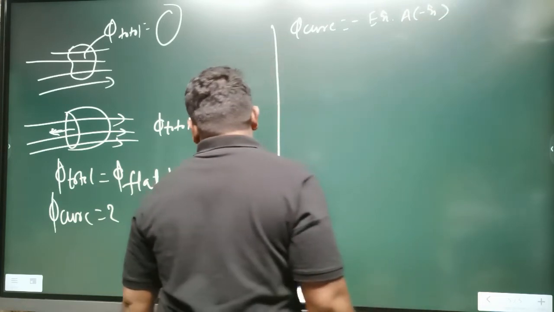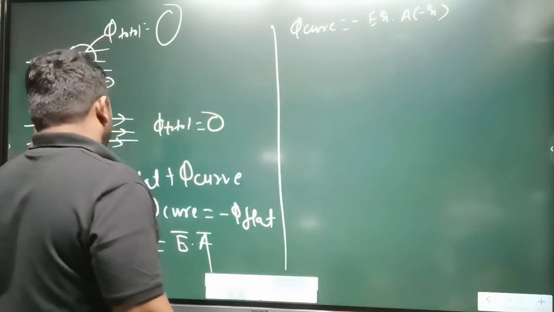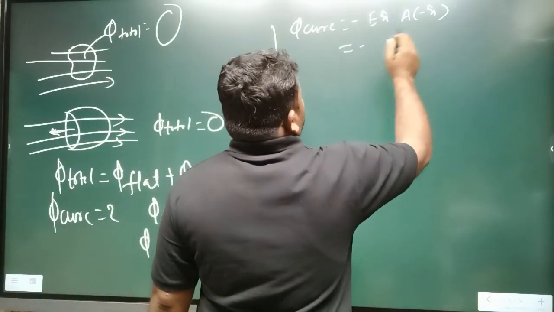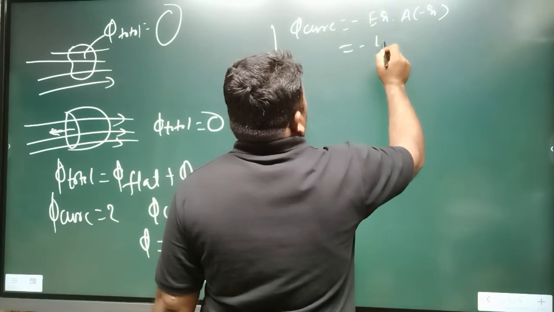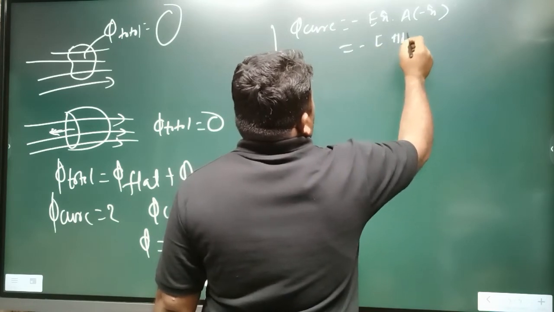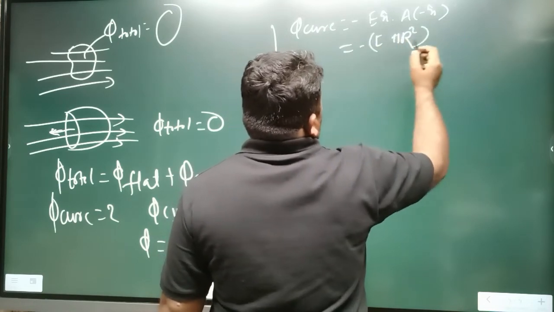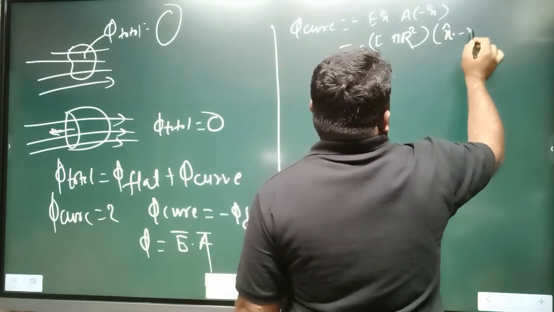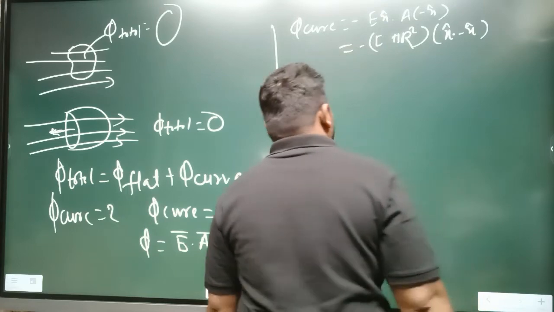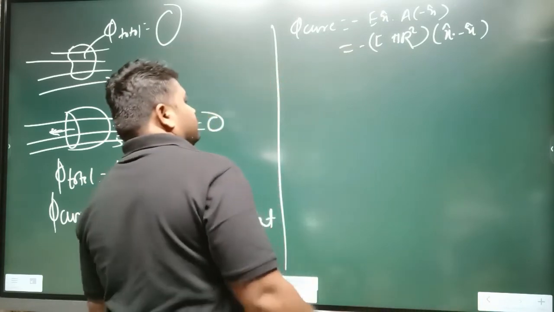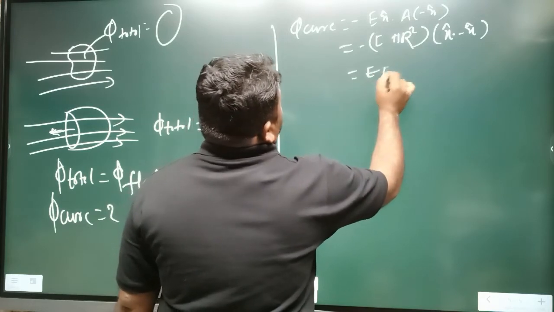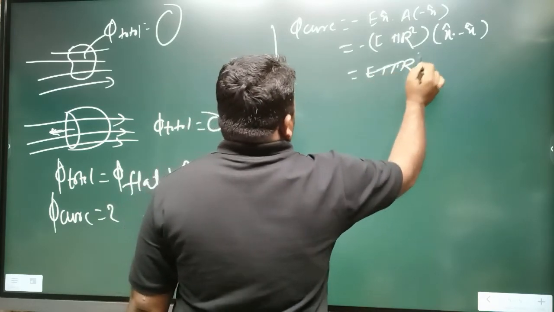And this will be the curve. Yes or no? Circular area, pi R square. E x cap dot minus x cap is minus 1. Minus into minus, plus E into pi R square. Yes or no?